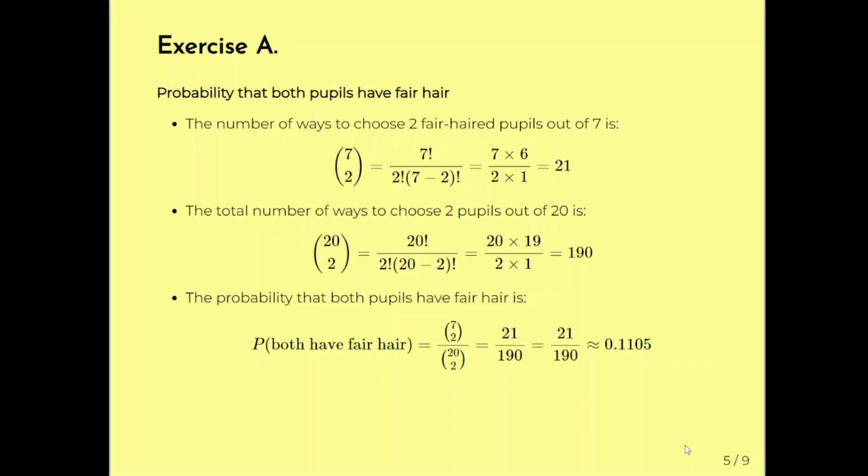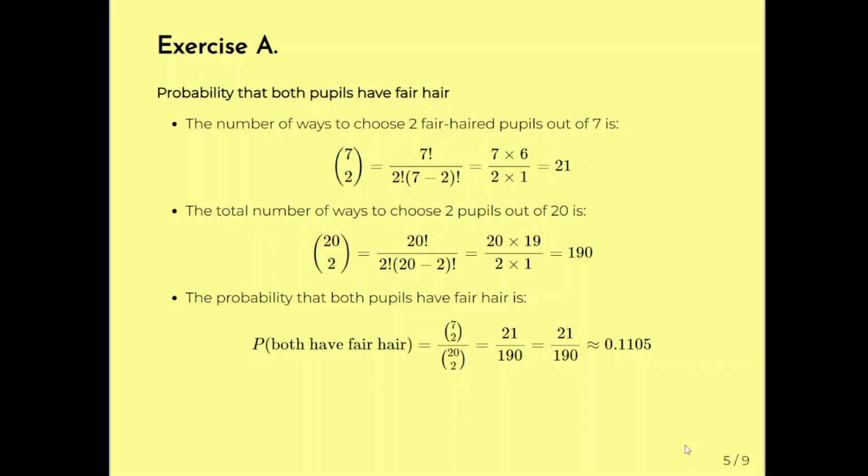The number of ways to choose 2 fair-haired students out of 7 is as follows. We have a binomial coefficient. From the 7 fair-haired pupils, we're going to choose 2 of them, using the binomial coefficient formula: 7 factorial divided by 2 factorial times 7 minus 2 factorial.